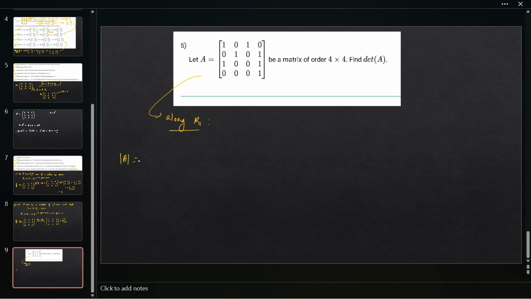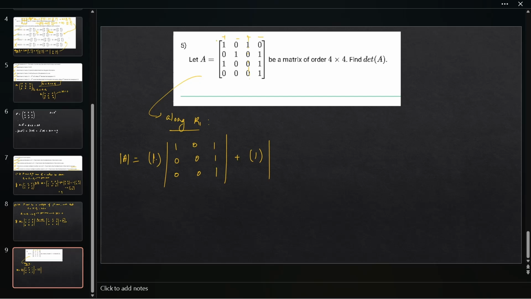We have determinant of A as 1 times this 3 cross 3 matrix: 1, 0, 1, then 0, 0, 1, and then 0, 0, 1. Then it is 0, so we can ignore it. So plus, minus, plus, minus. And then plus 1 times of.